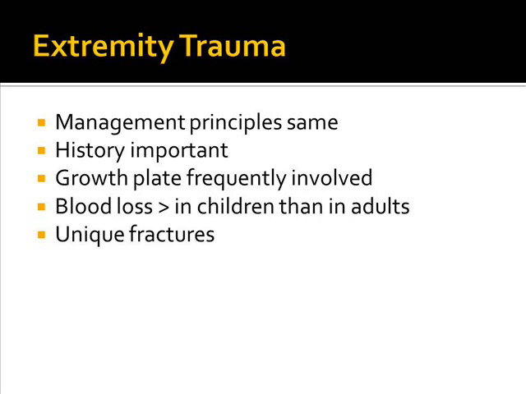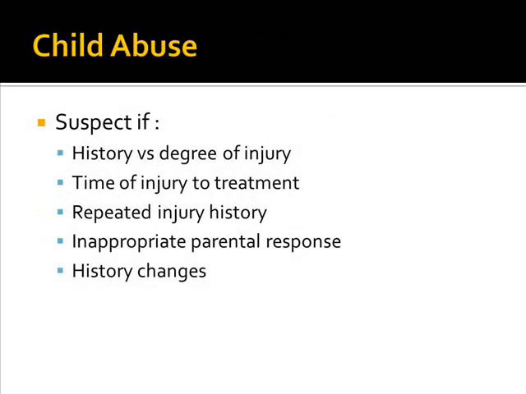Blood loss is greater in children than in adults, and sometimes might result in hypotension. Then there are unique fractures, for example Salter-Harris injuries and greenstick fractures, which you are not likely to see in the adult.